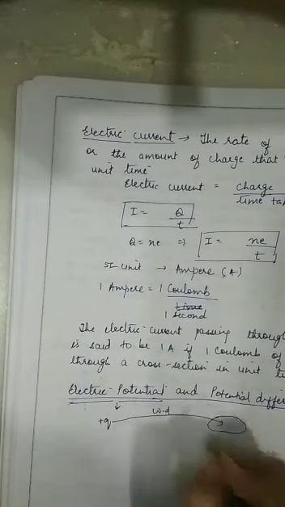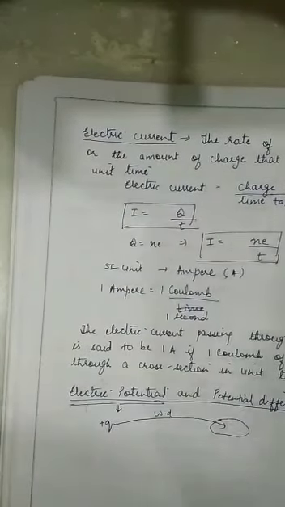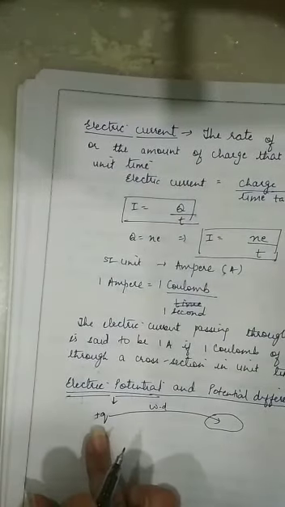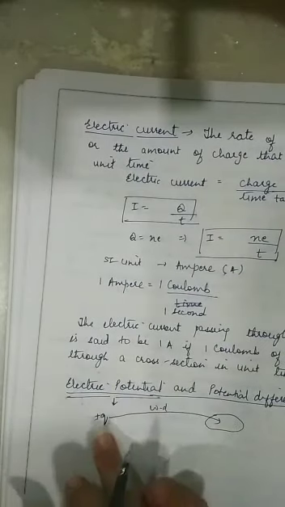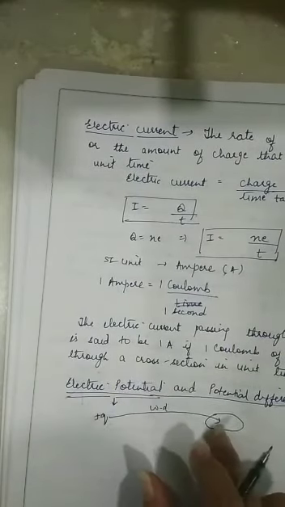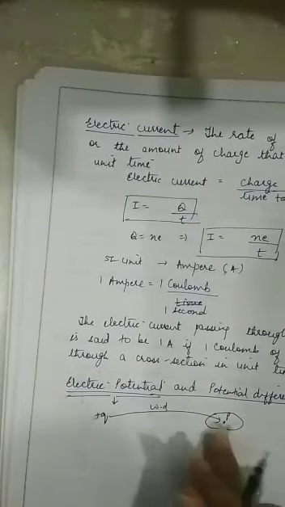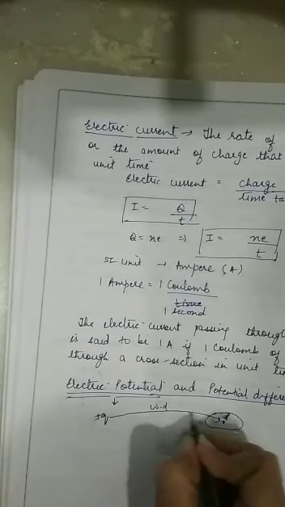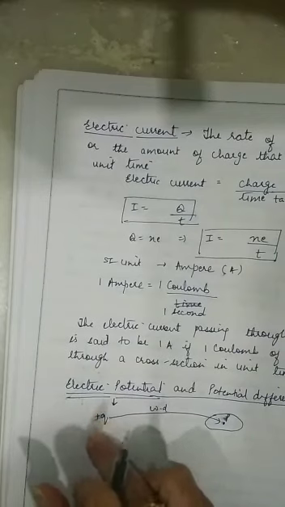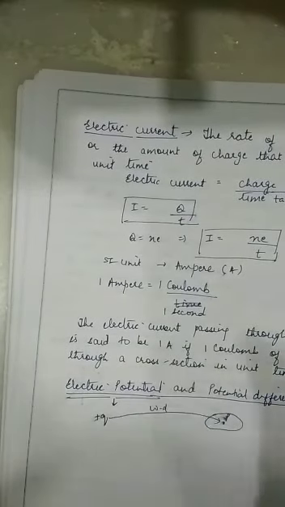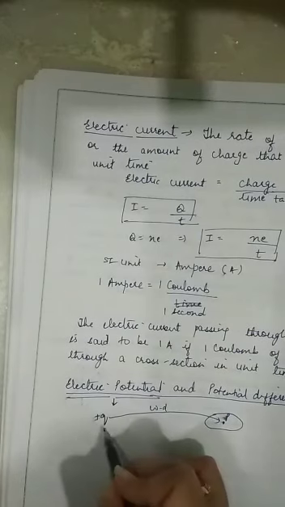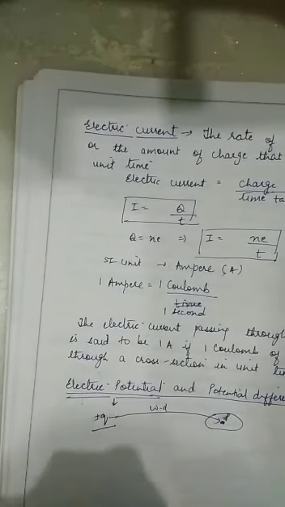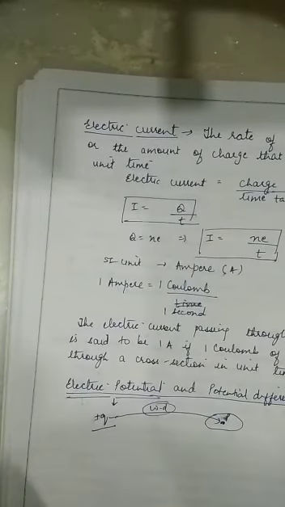So we have to do some work to bring that charge from infinity to that point P. The amount of work done in moving a unit positive charge from infinity to a given point in an electric field is called electric potential.